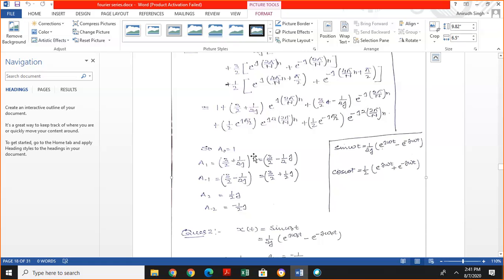Similarly, this is 2 omega n, with value half j, and for minus 2 omega, minus exponential j 2 omega n. It means the value of a minus 2 is minus 1 by 2j.